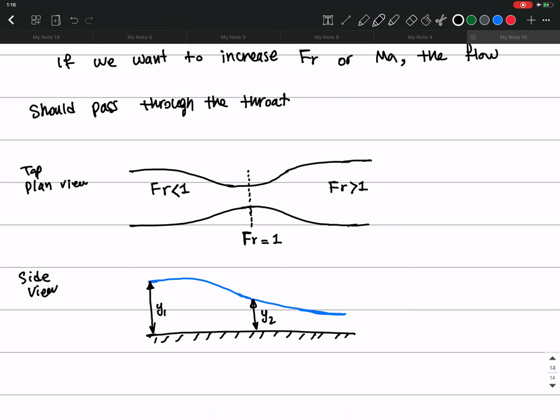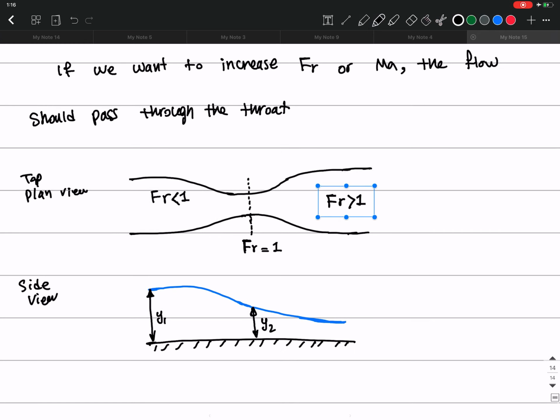So remember now, with this throat and this channel configuration, we can actually make a subcritical flow convert to a supercritical flow without losing any energy. The hydraulic jump always converts a supercritical flow to a subcritical flow by losing some energy.